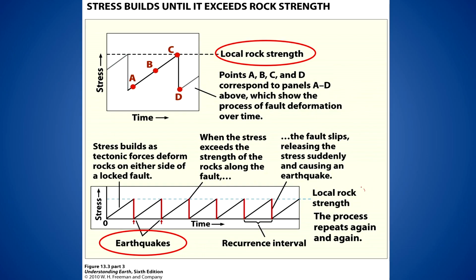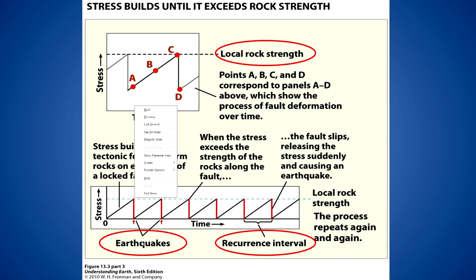Locked means no movement here. But as soon as the threshold limit, that is the rock strength, is crossed, it will slip. And that event you will come across is your earthquake, which has been shown here with the red line.